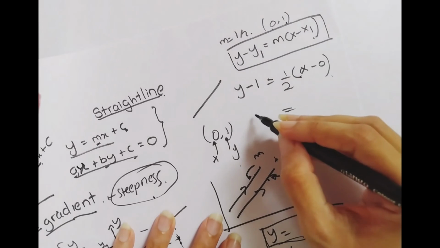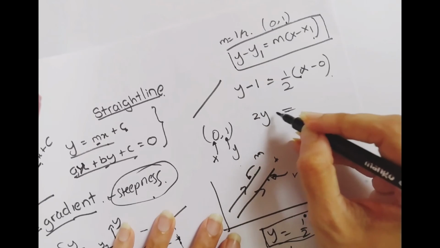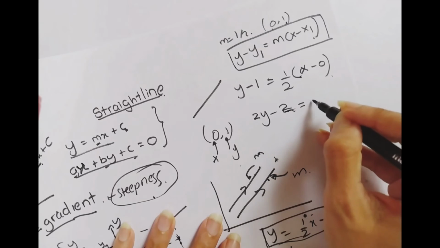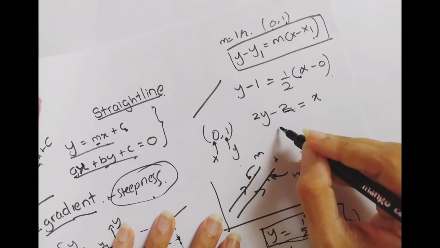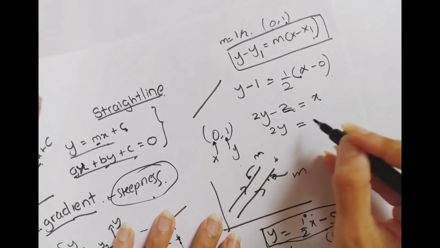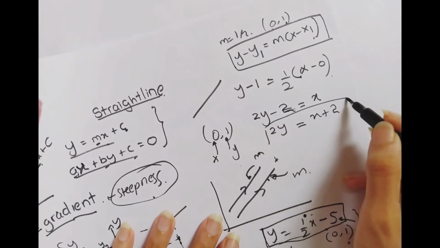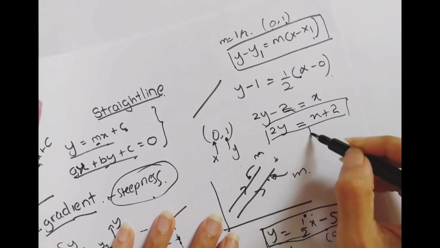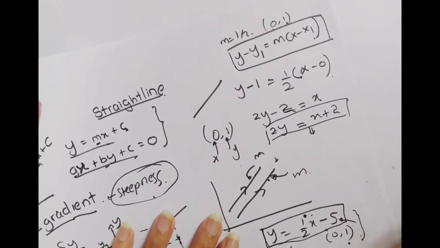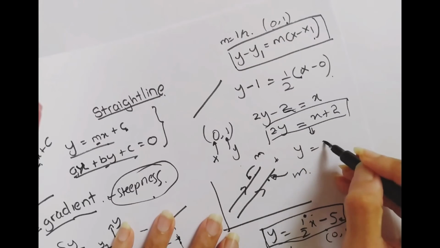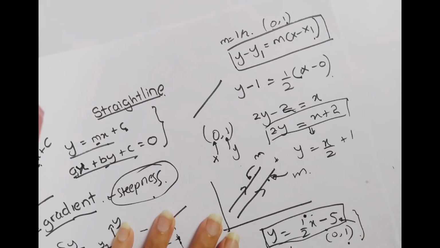If I simplify, 2y minus 2 is equal to x, so 2y equals x plus 2. This is the equation. If I take it in y equal mx plus c form, y equals x by 2 plus 1.